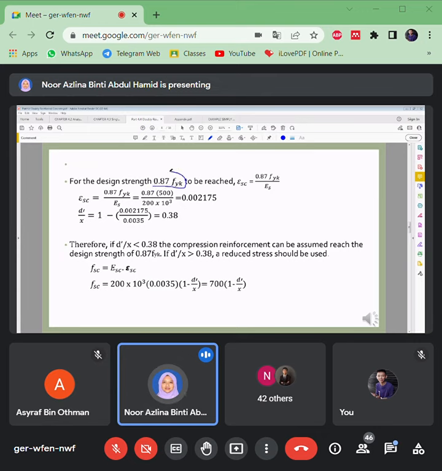So for the design strength of 0.87 FYK here, it should reach the limit of dividing by the modulus for the steel here.